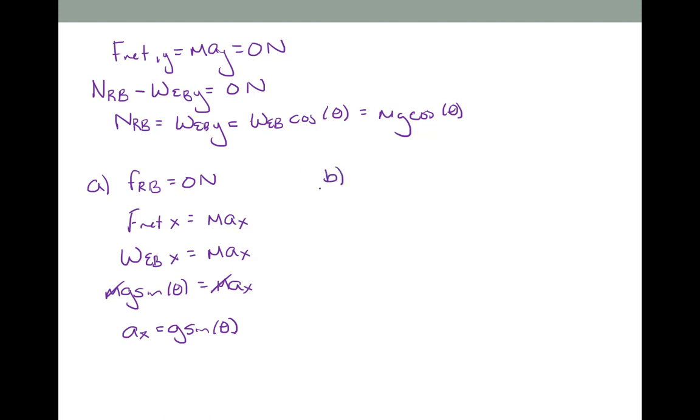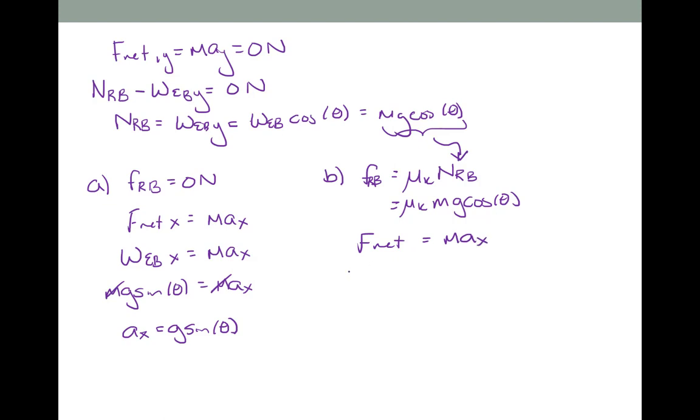For the second part, I do have a frictional force. I know that that frictional force is going to equal the coefficient of friction multiplied by the normal of the ramp on the block, or in other words, mu_k times mg cosine theta, where I've taken this value up here and plugged it in down there. I can now apply Newton's second law.